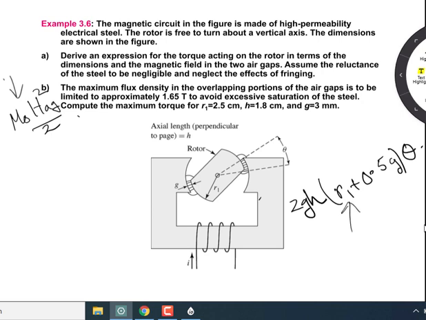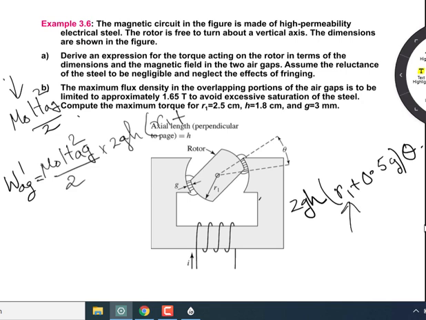So if we multiply them, the two of them will result in mu naught H Ag square by 2 into 2GH (R1 plus 0.5 G theta), right?